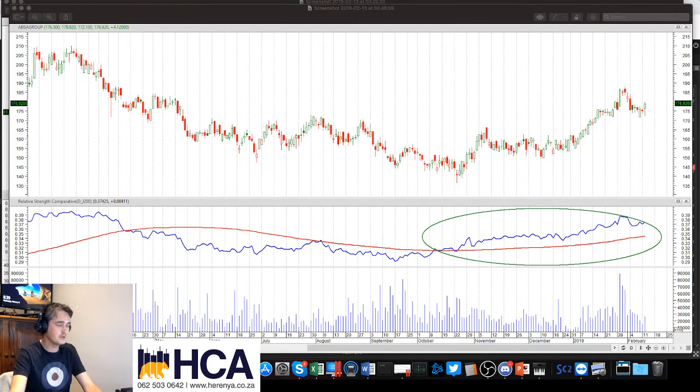So that puts us in a space where, if we believe that financials are going to run really hard, we now have a stock that we can back, which is ABSA, and if we think that financials are going to come off, we have a stock that we can short, which is Firstrand. There are other options as well, but these are some of the main ones.